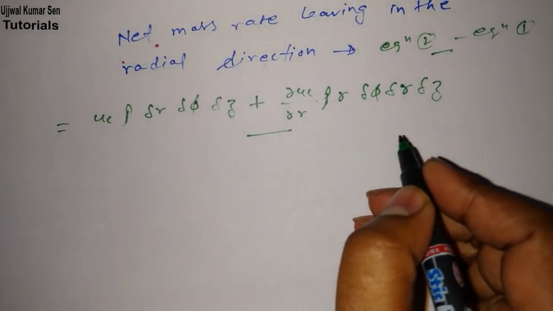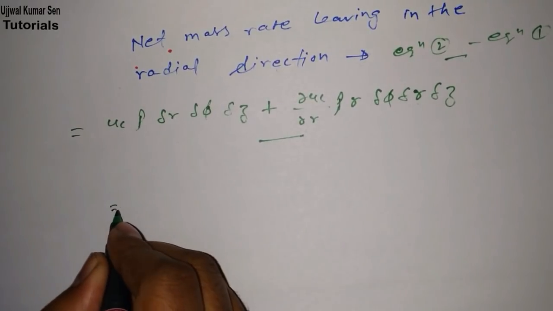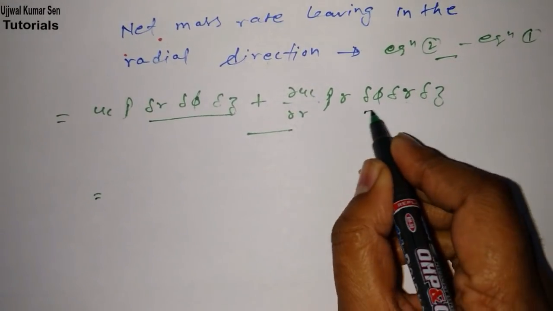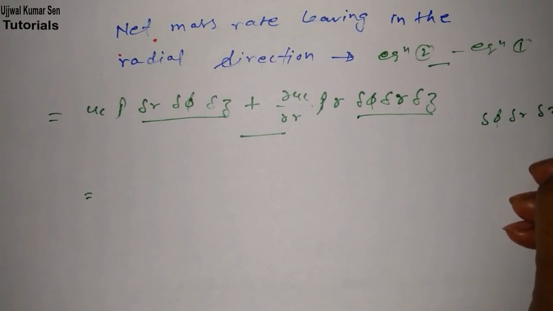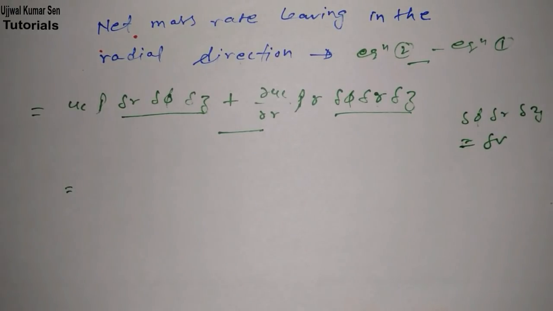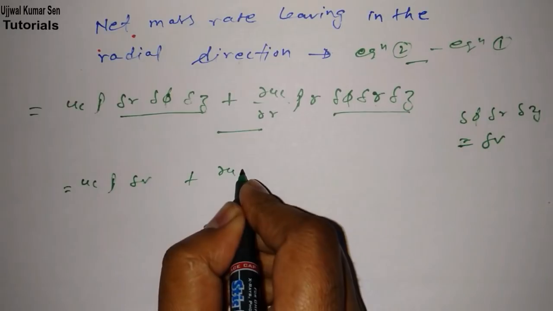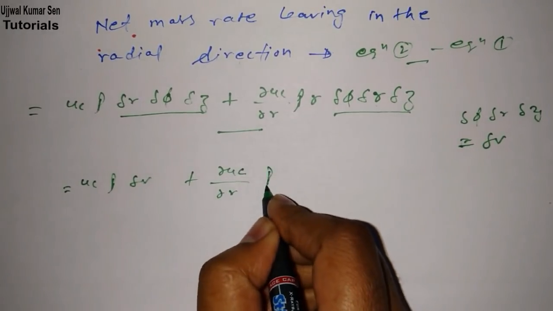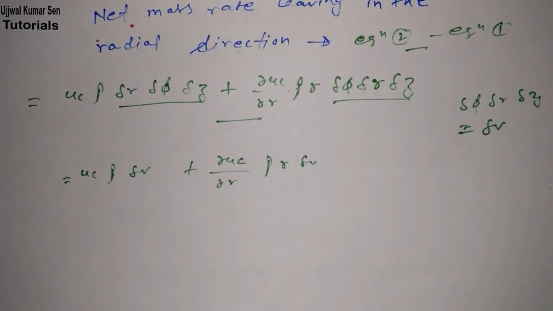Now look at the common terms we are getting here. We're getting common terms here as this and this, right? And we can say curly phi, curly r and curly z is curly v, the total volume. So just write rho curly v, u_r, curly r, rho r, this is the thing we are getting.